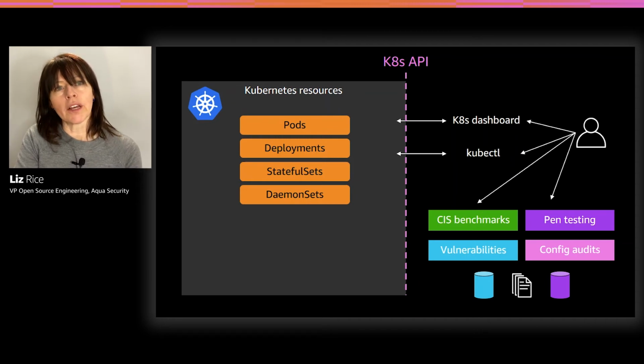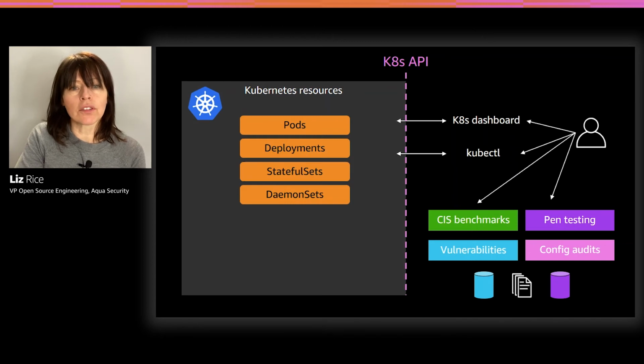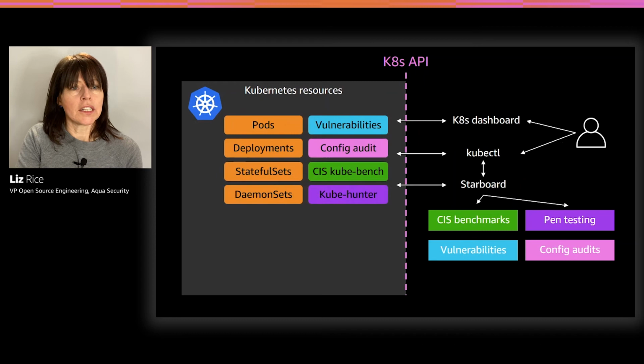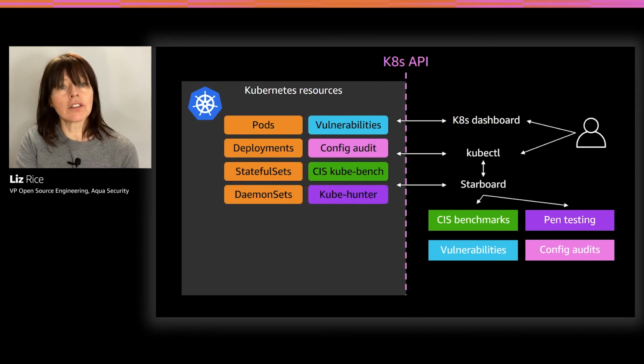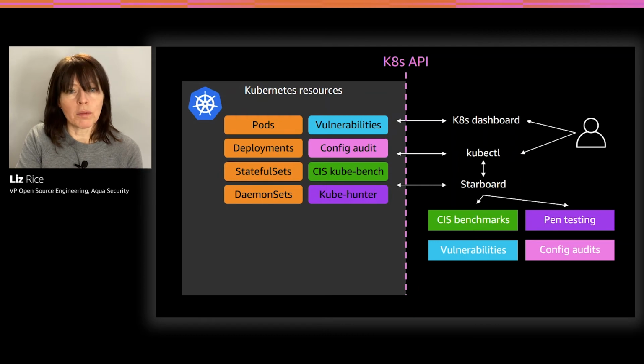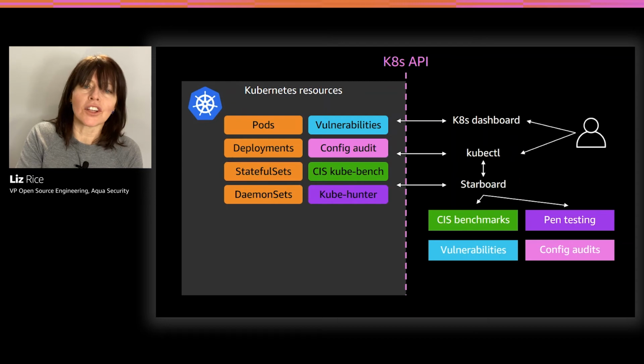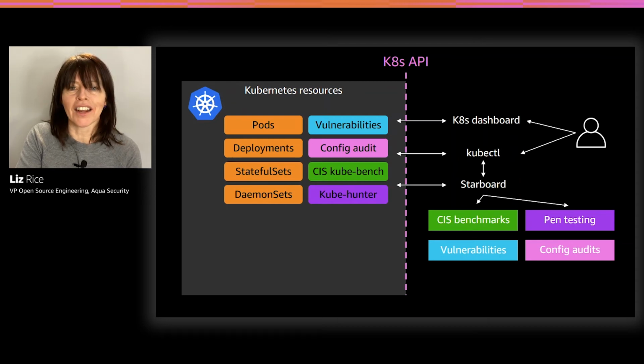And that's what we're doing with an open source project called Starboard. We've defined some Kubernetes custom resource definitions so that you can store security information within Kubernetes and access it over that same API. We've added a kubectl plugin for Starboard that allows the user to trigger security scans and vulnerability scanning, and also for other types of security report.